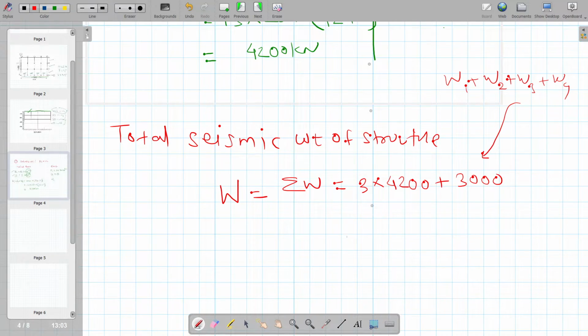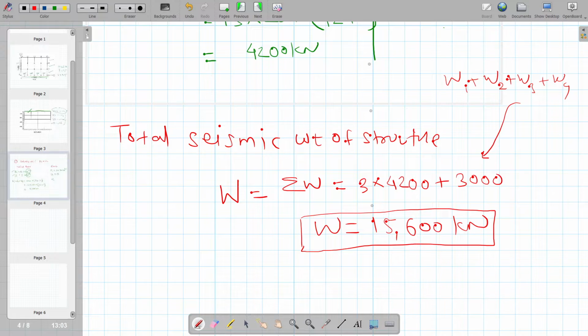This is what we have done here. So it is coming out to be 15,600 kilonewton. So this is our W. Remember this value, we will use it in our further calculation.